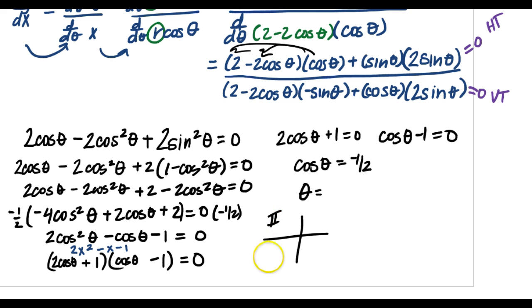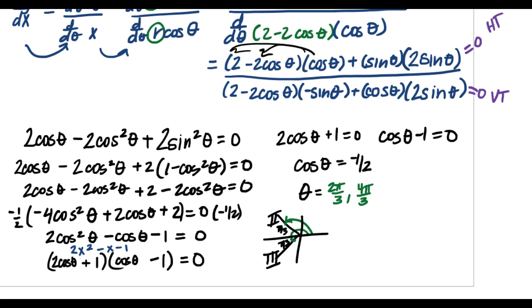So we're looking at quadrant 2 and quadrant 3. We're looking for reference angles that are pi over 3. So here's pi over 3, here's pi over 3. So the major angles in standard position that are my solutions are 2 pi over 3, and going all the way around, that is 4 pi over 3. So those are two solutions.